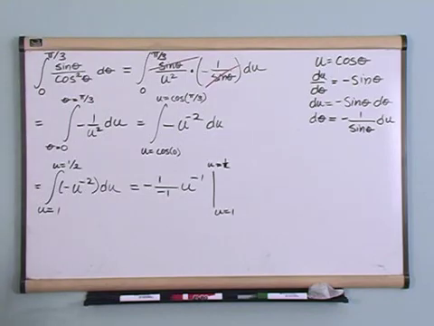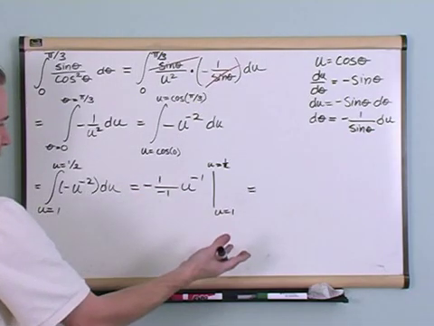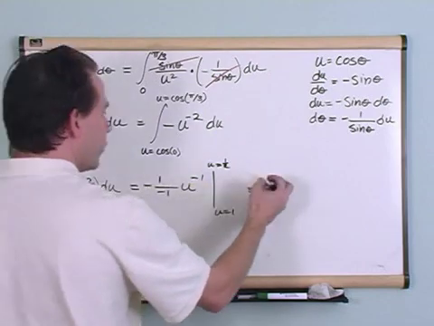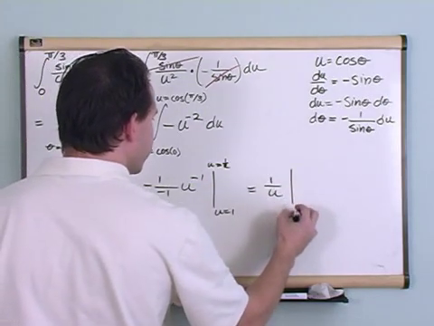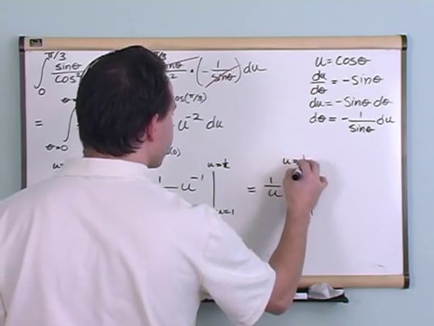Okay? And so in the end, these negatives are going to cancel. They're going to make a positive. So you're going to have u to the -1, which at this point I'm going to write as 1 over u, integrated from u is equal to 1 to u is equal to 1/2.